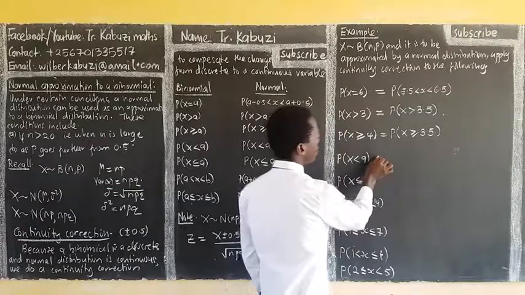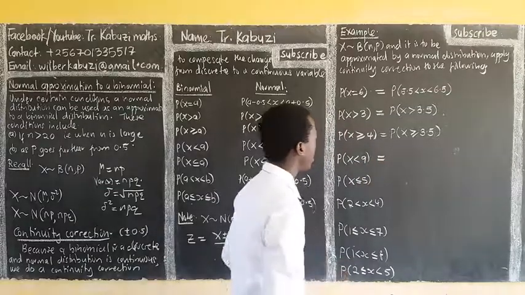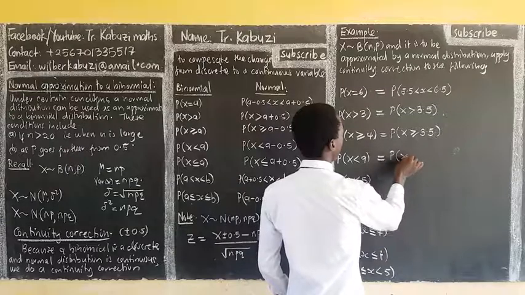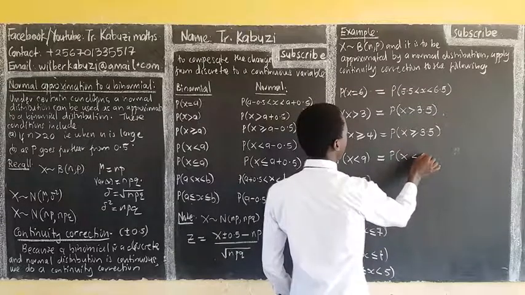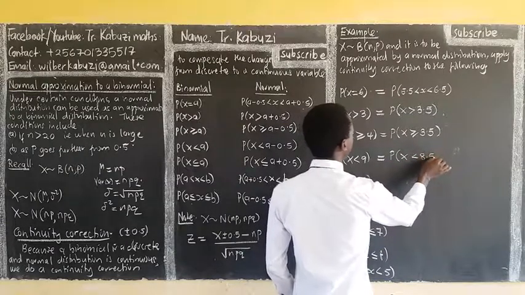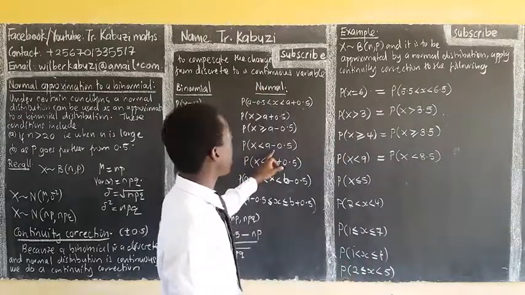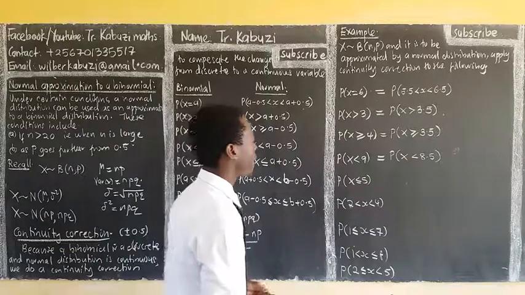Now we have less. We said when we have less, we subtract 0.5. So this will be the probability of x less than 8.5. This is the case we are having. When we have less, we subtract 0.5 from that value.